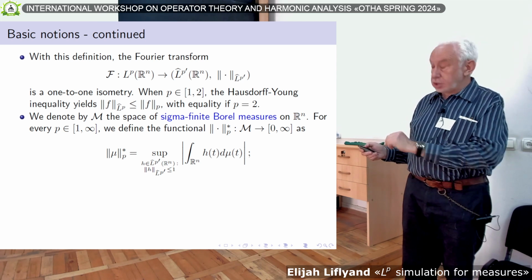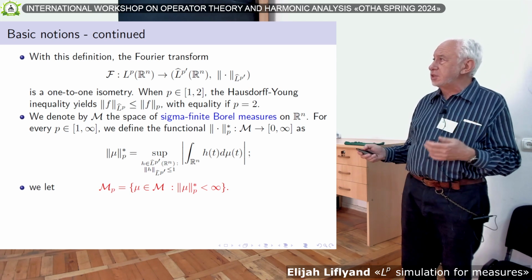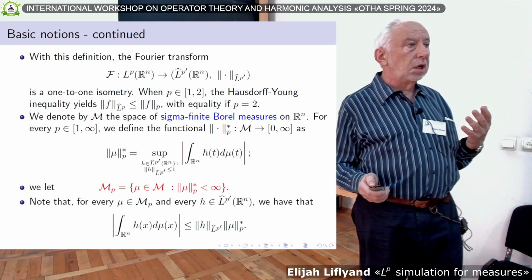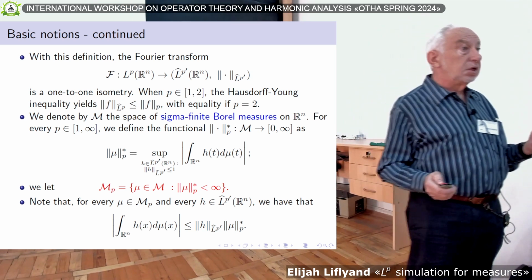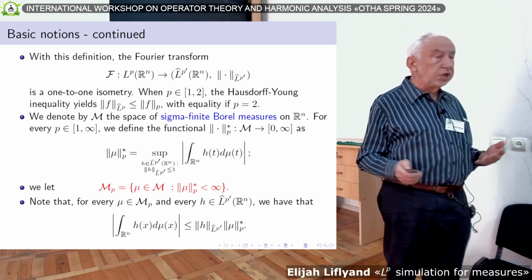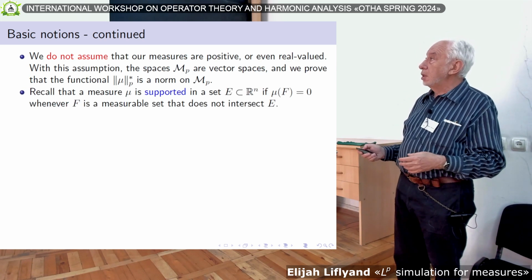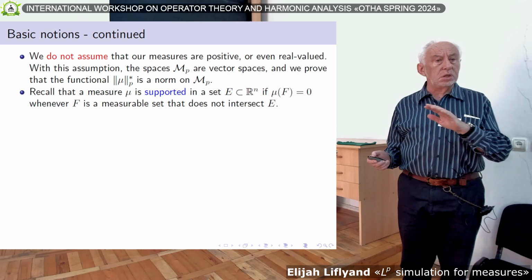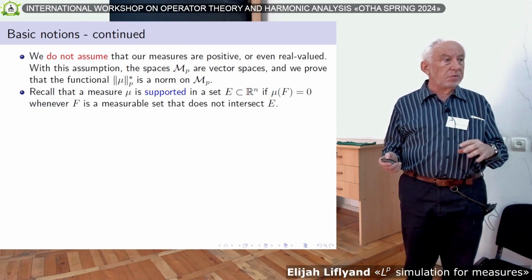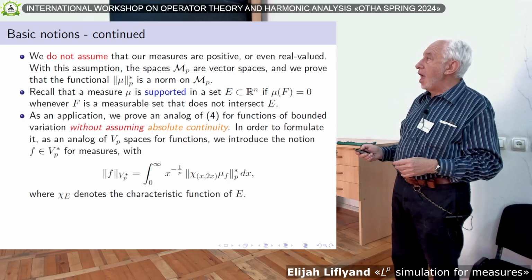And we introduce these spaces, and we show that this gives us many good properties, more or less similar to those in the usual case, and we don't assume the measures to be positive. They can even be complex-valued measures.